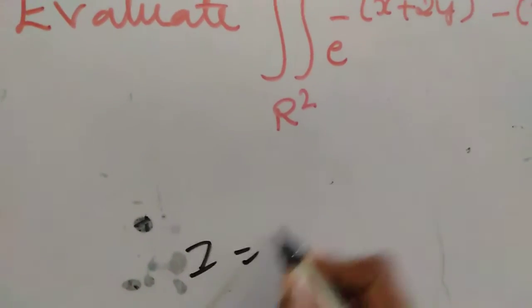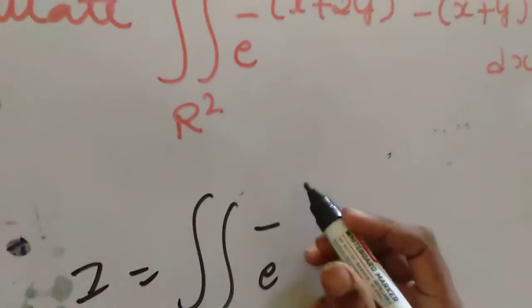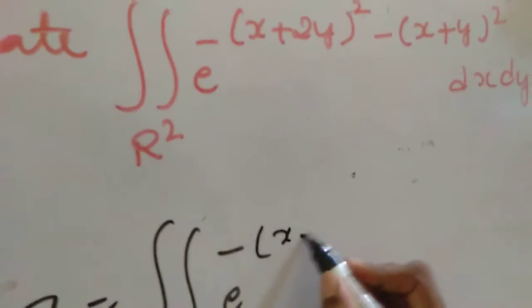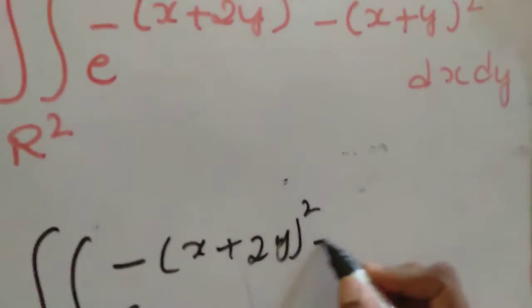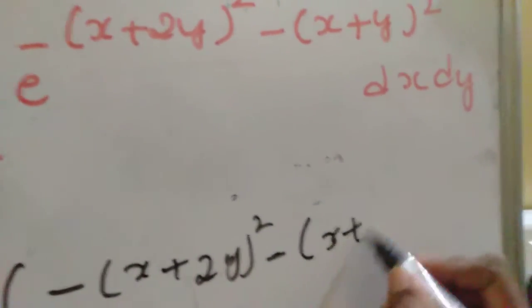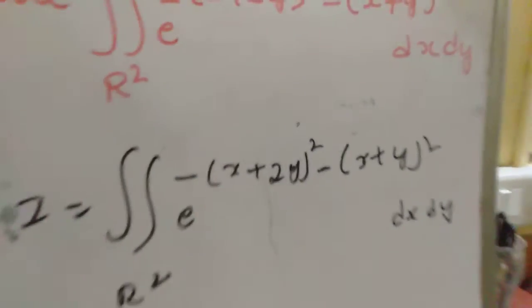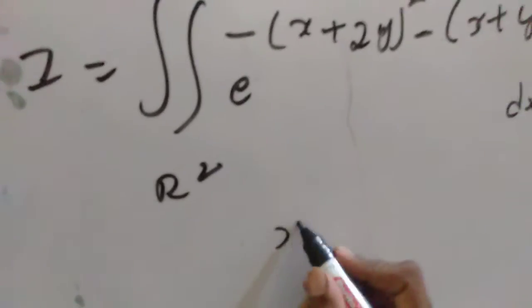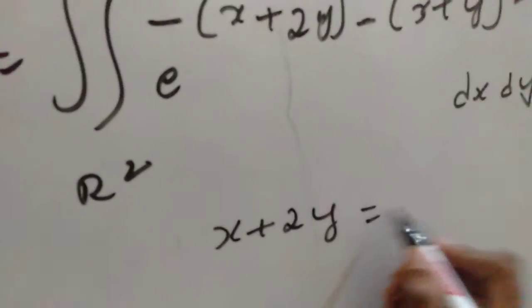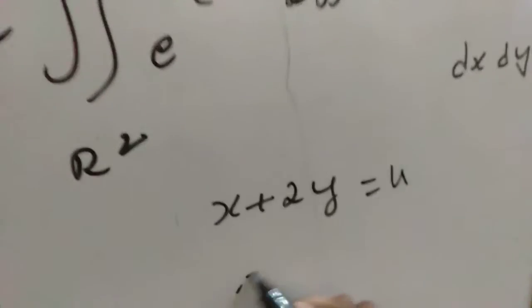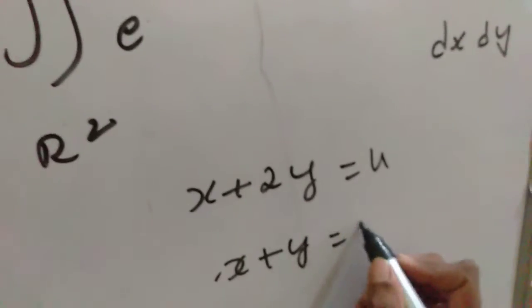I is equal to the double integral over region R^2 of e^(-(x+2y)^2 - (x+y)^2) dx dy. Now take the substitution x+2y = u and x+y = v.